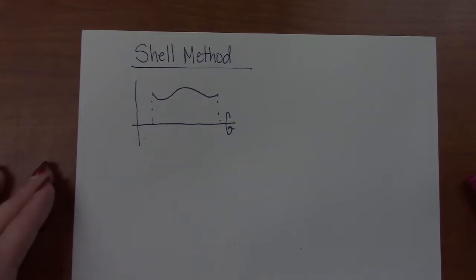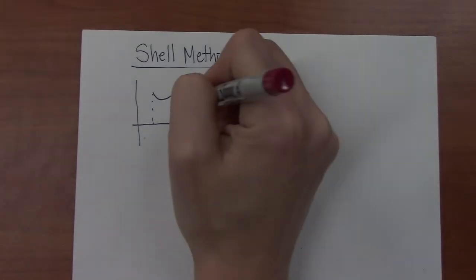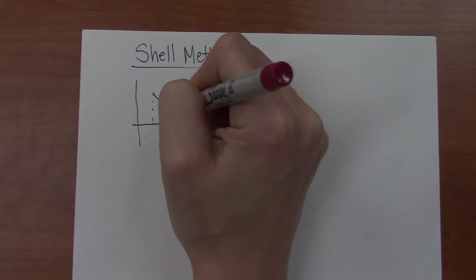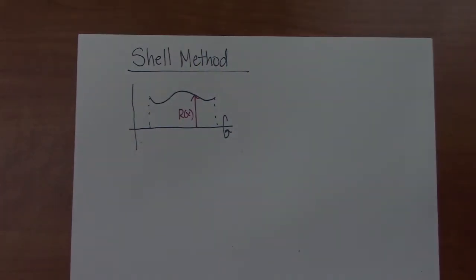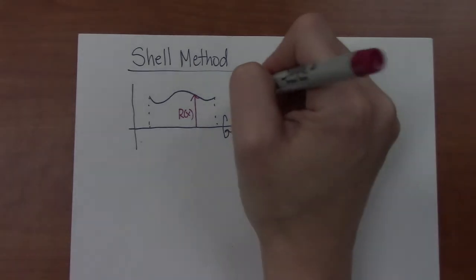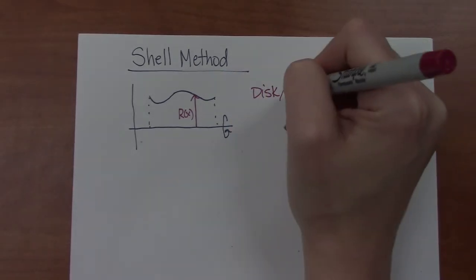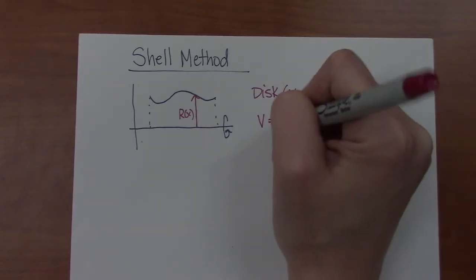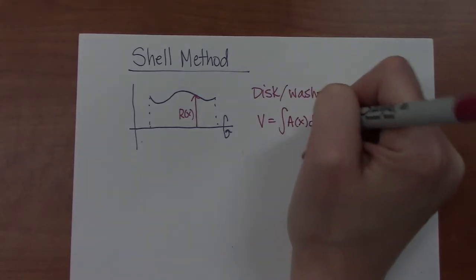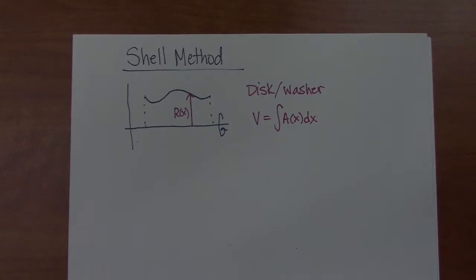So with disc and washer, the height of this function right here is actually the radius. So you're going to get these solid circles. And so using disc and washer, to get the volume, you integrate the cross section area across the distance of the function, and that's what gives you the volume.